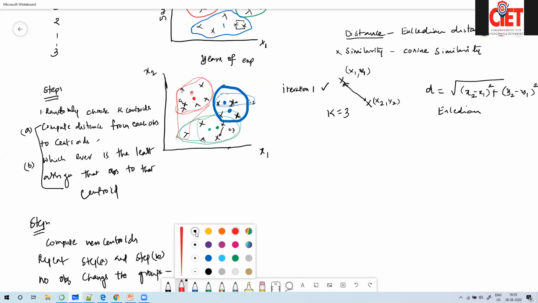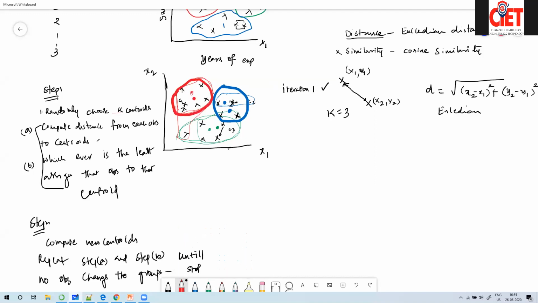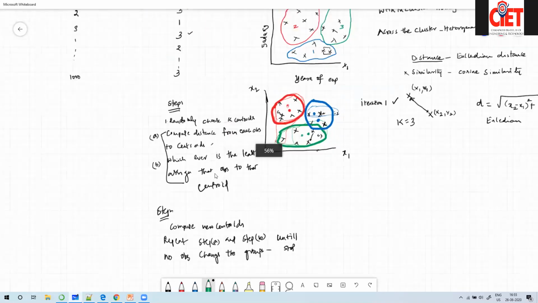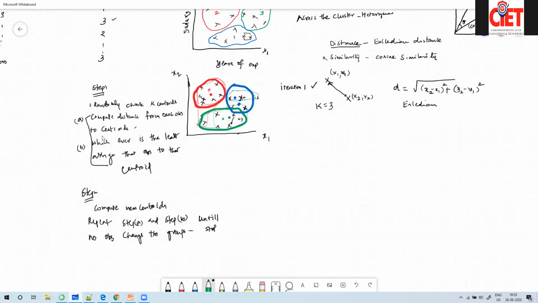So this is going to be your final set of clusters. So this is another cluster, and this is the green cluster, which is the final set of clusters. Okay. That's how our clusters will form. Step 1, start randomly some k centroids, compute the distance from one centroid to each of these observations, assign the observation to the centroid which has the least distance.